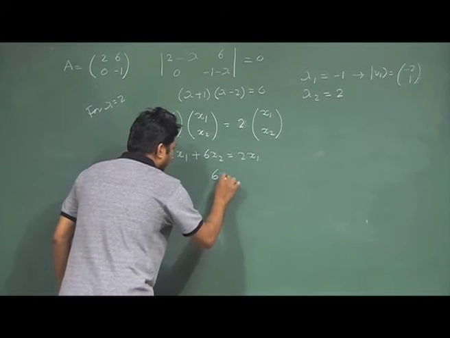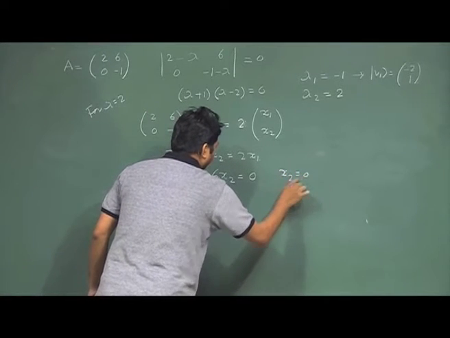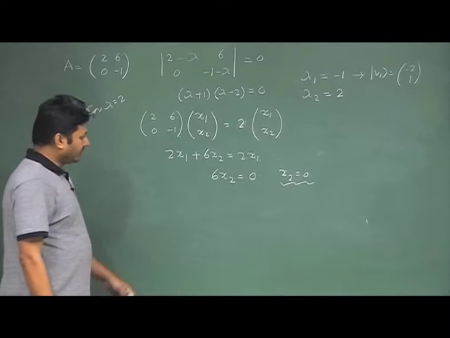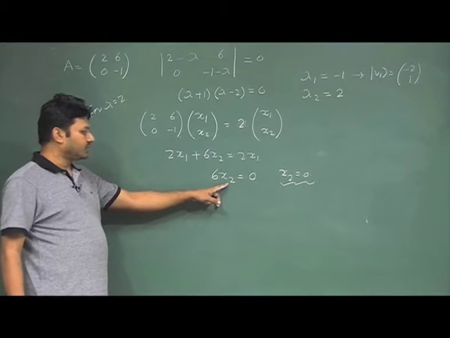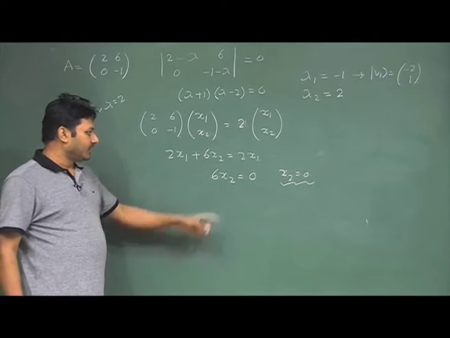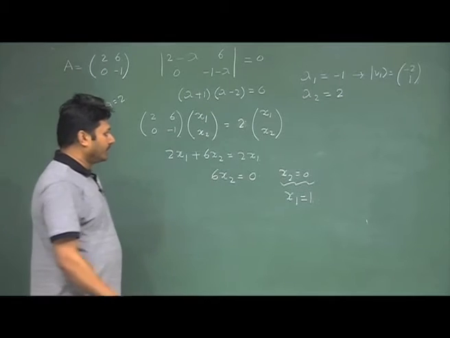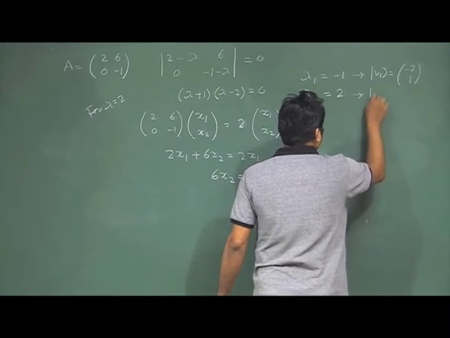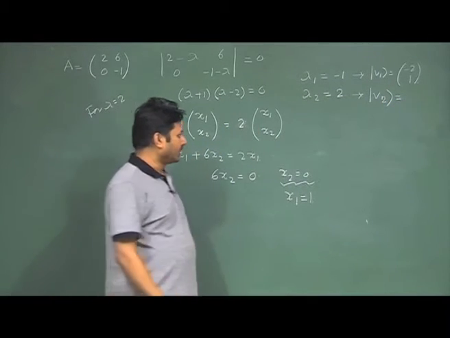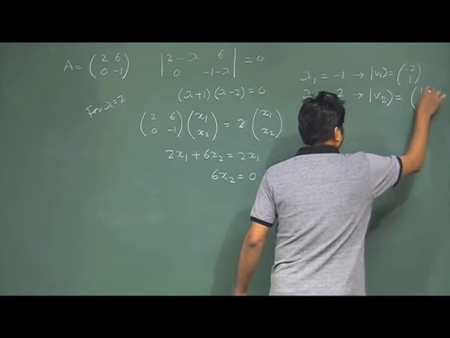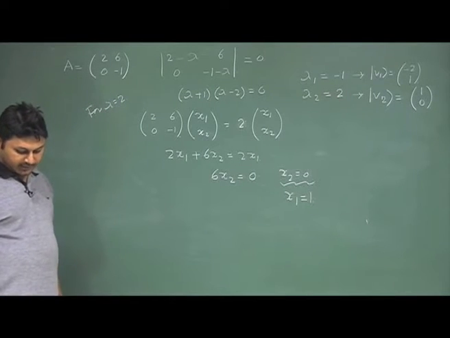So I find 6x2 is equal to 0, which means x2 is equal to 0. If I use the second expression, I will also get the same thing, x2 equal to 0. So I can put x1 arbitrarily, say 1. So this eigenvector v2 is 1, 0.